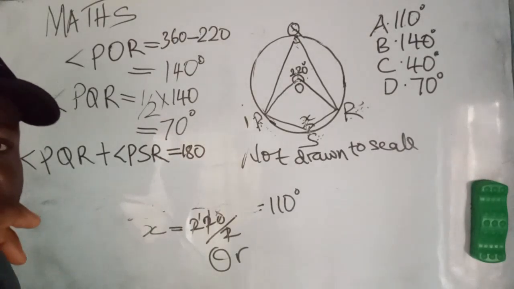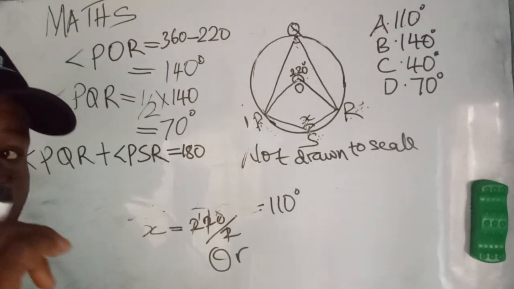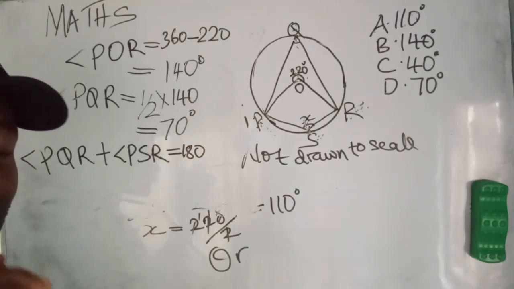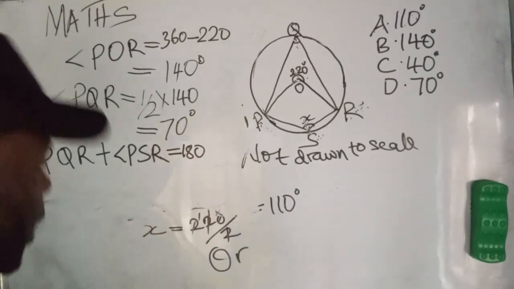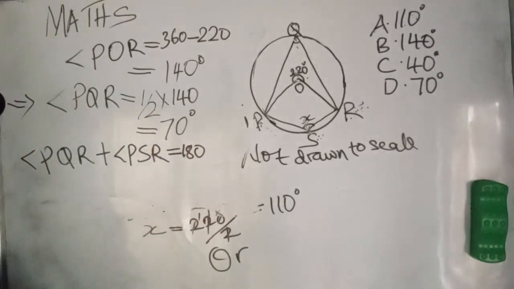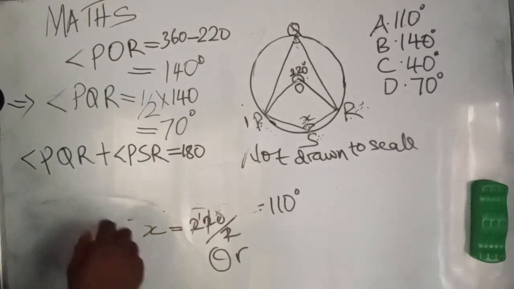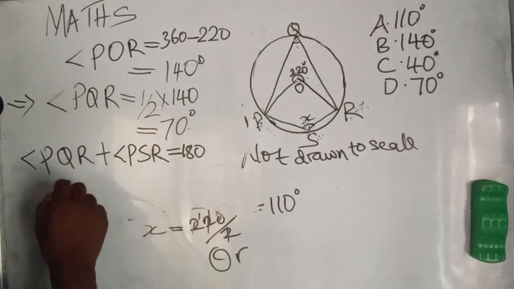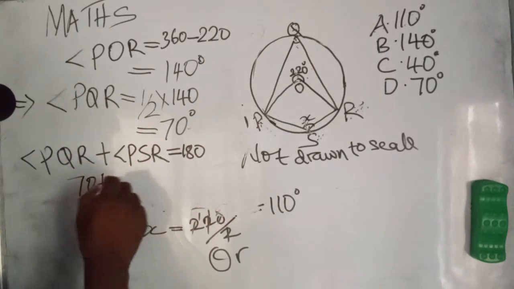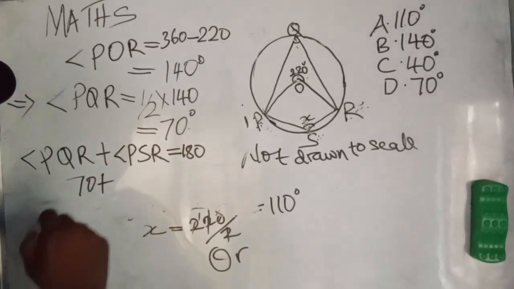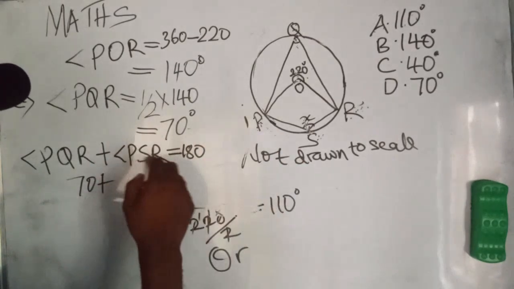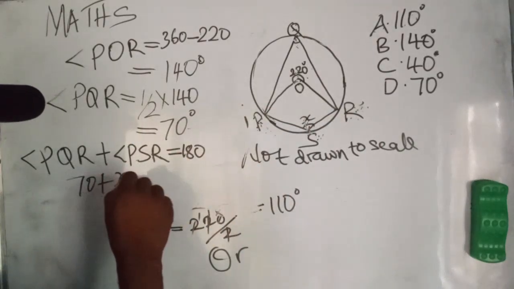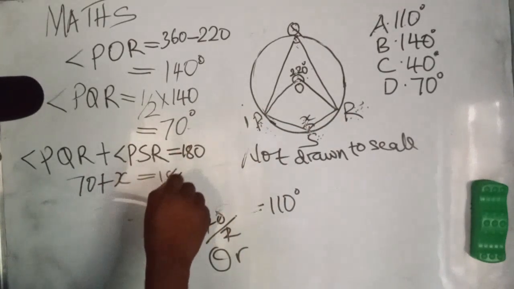Reason: the sum of opposite angles of a cyclic quadrilateral equals 180 degrees. PQR is already 70 degrees, so 70 plus X is equal to 180 degrees.